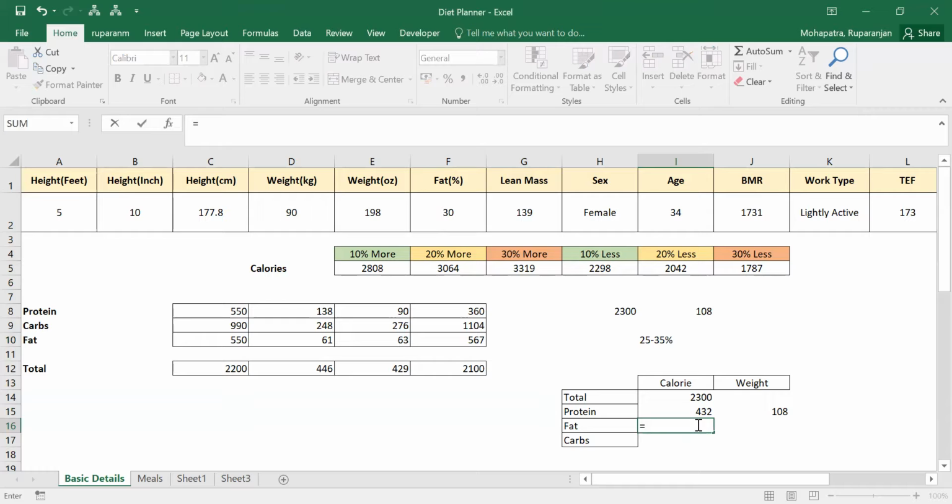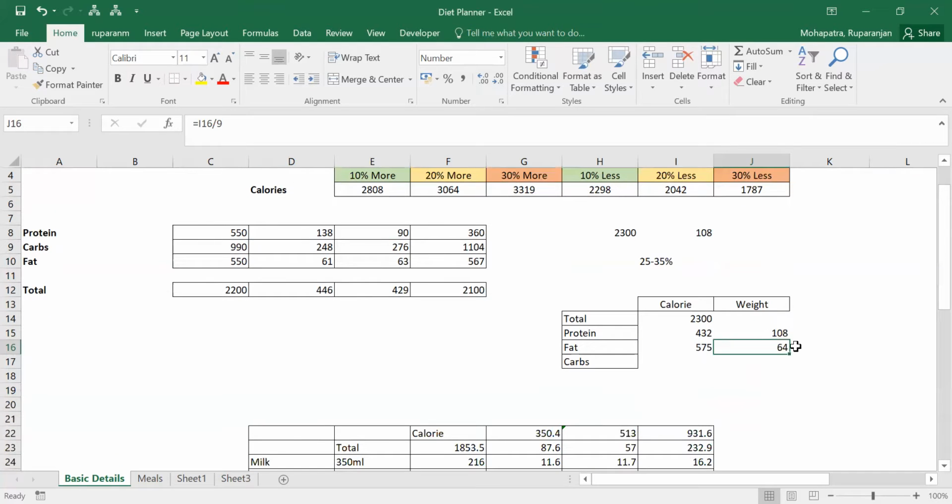That will come to 0.25 into 2300, so it will come to 575. This is the amount of fat calories required. If you calculate this as weight, it is 575 divided by 9, since each gram of fat gives us 9 calories. So about 64 grams of fat we can take.